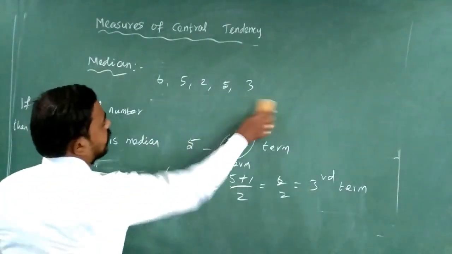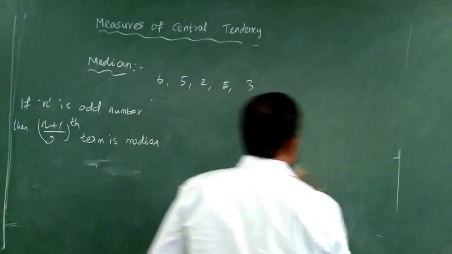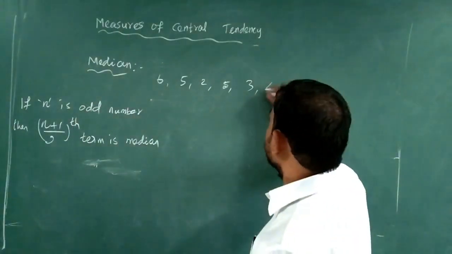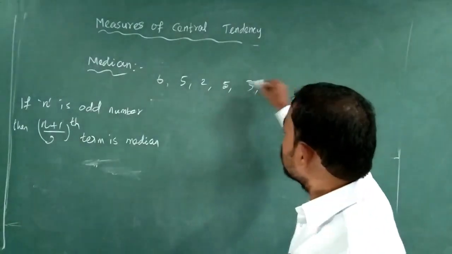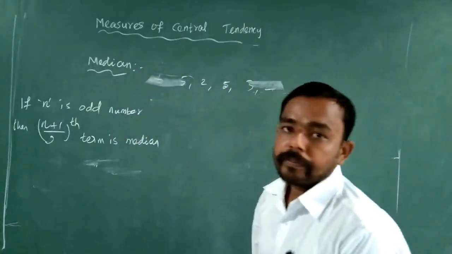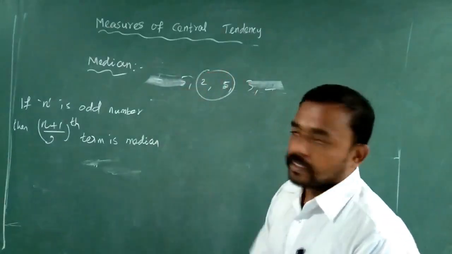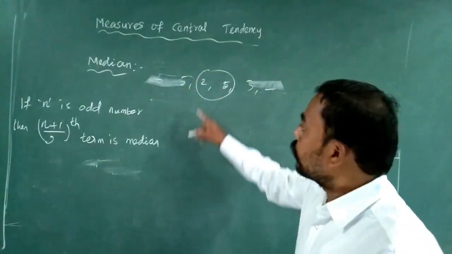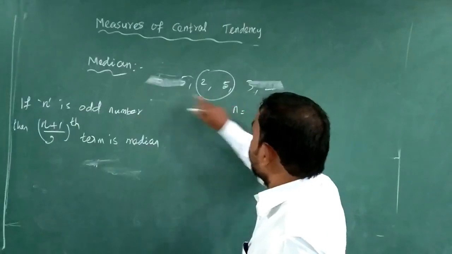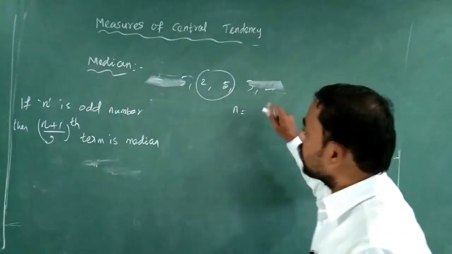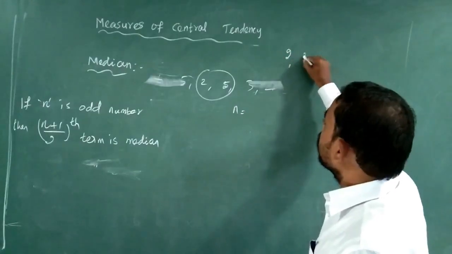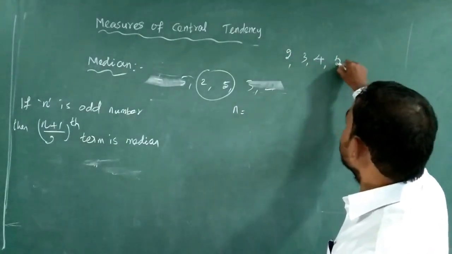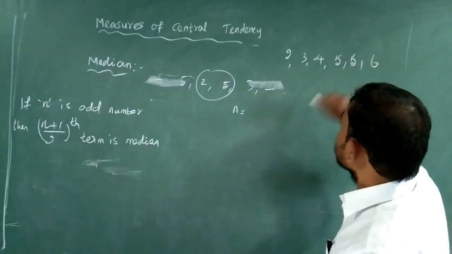Right. The same way, suppose another 4 is there. Now remove the first 2 terms and the last 2 terms. Now 2 numbers remain. Here n equals 6, numbers 1, 2, 3, 4, 5, 6. So write your order 2, 3, 4, 5, 6.